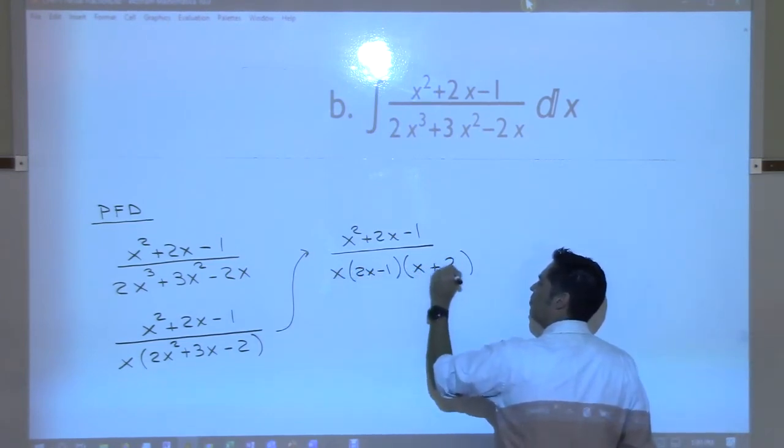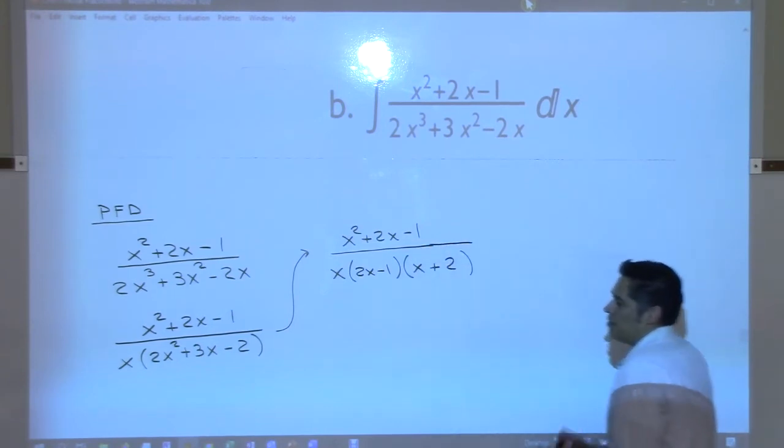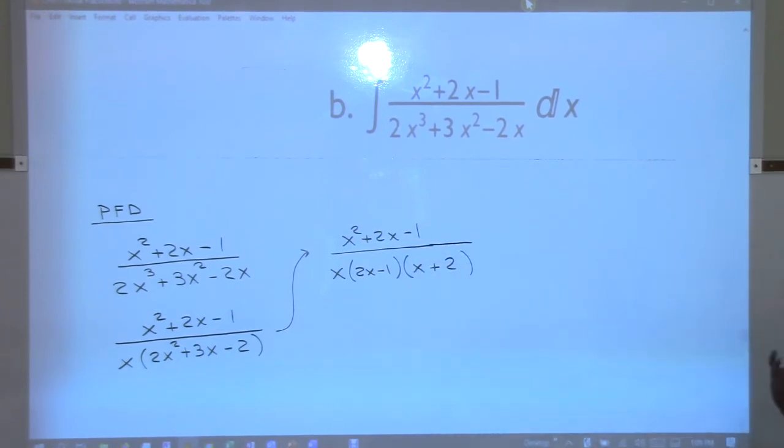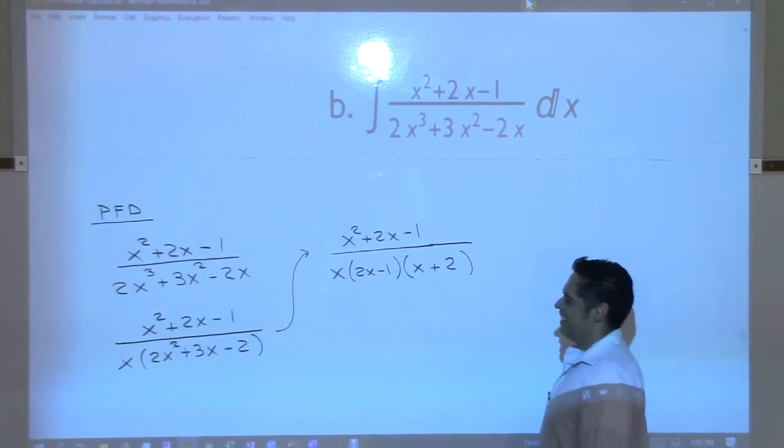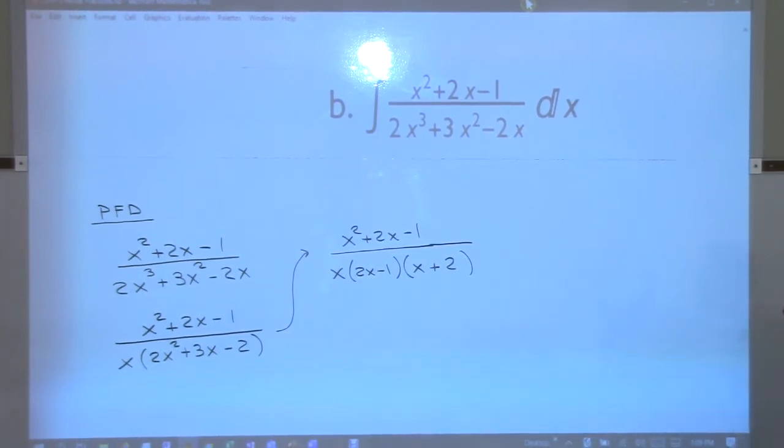x plus 2. Obviously this is Cal 2, and I expect everyone can factor a trinomial. I know I'm saying that, but I realize that might still be a struggle for some people. But we continue.